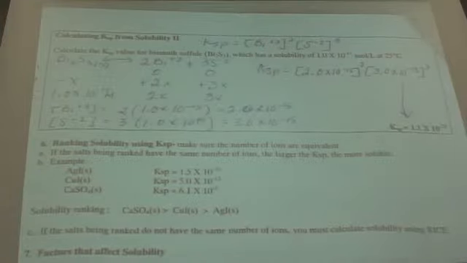Remember how on some tests you were asked to rank the strength of acids based on Ka? How did you do that? The higher the Ka, the stronger the acid. That told you how much it dissociated.